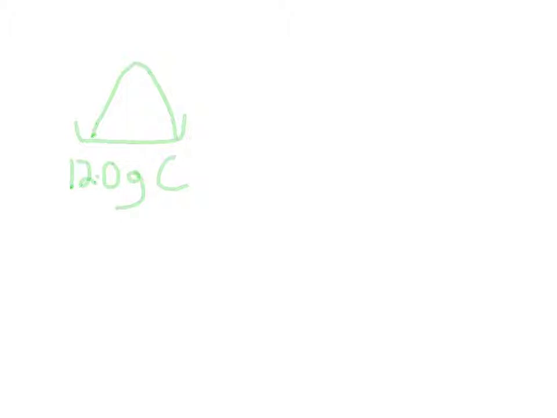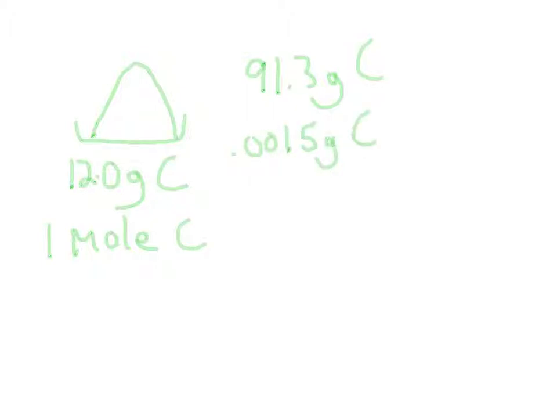In our weigh boat, we said that that was 1 mole of carbon. Well, what if we have, say, 91.3 grams of carbon, or 0.0015 grams of carbon? How many moles do we have there?